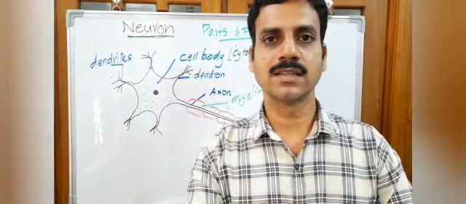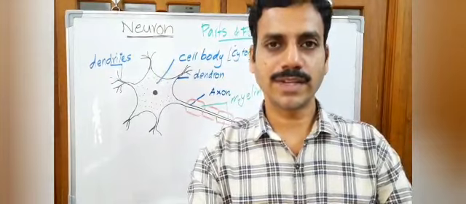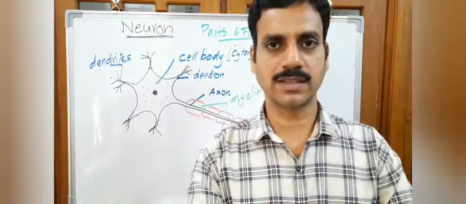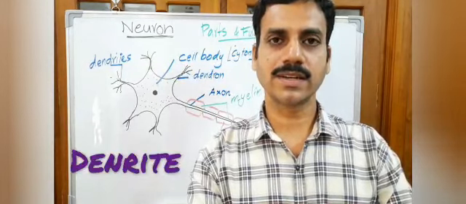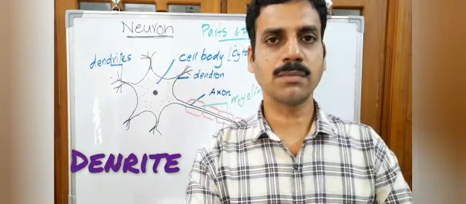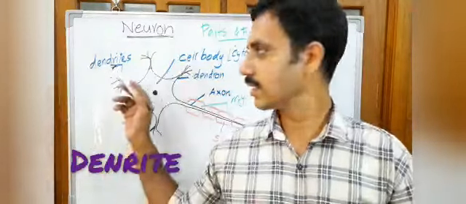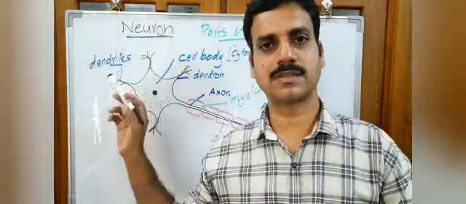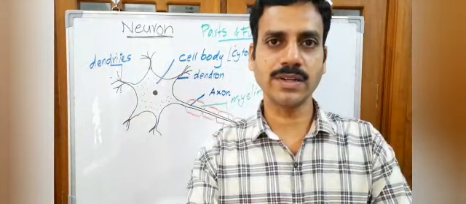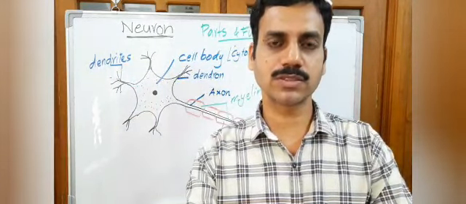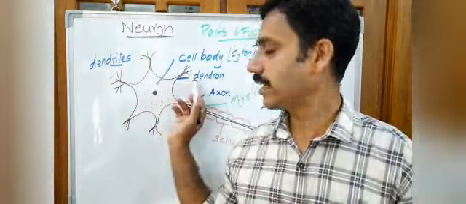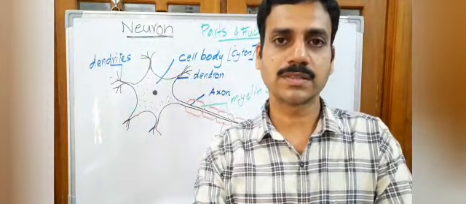Let us see the function of the various parts of this neuron. Parts and function. The first part, dendrite. Dendrite receives impulse. Second, dendron. Dendron carries impulse to cell body.